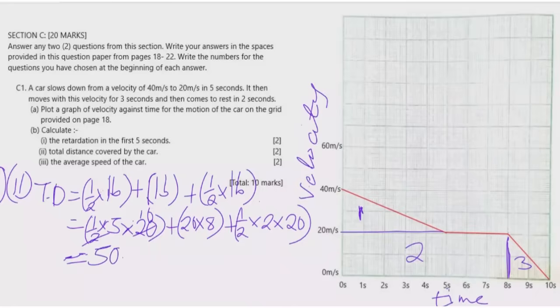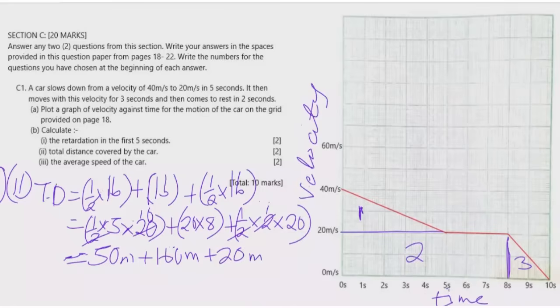So that one is 50 meters, plus 20 times 8 gives 160 meters, plus 2 into 2 cancel each other out, so we have 1 times 1 times 1 times 20, which is 20 meters.